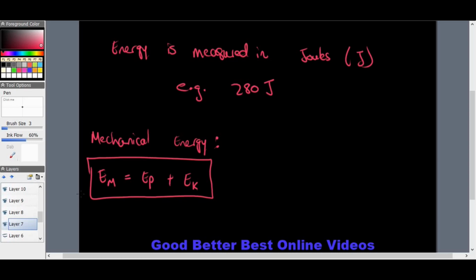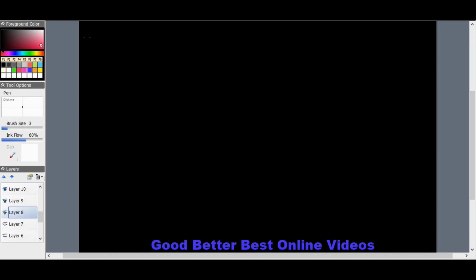But there is a law that does come with this type of energy. We're going to aim to explain it quickly, and it's called the law of conservation of energy, or mechanical energy.